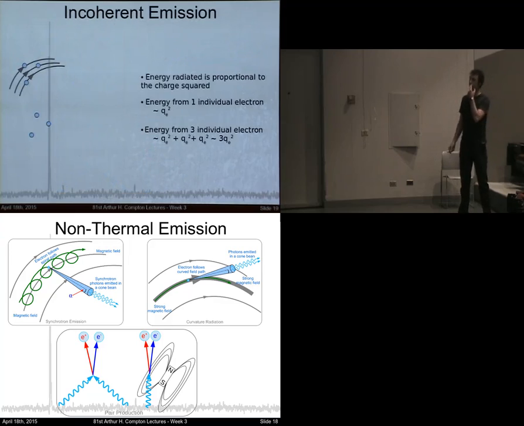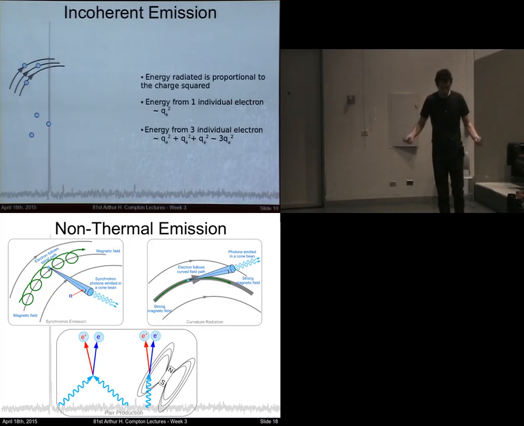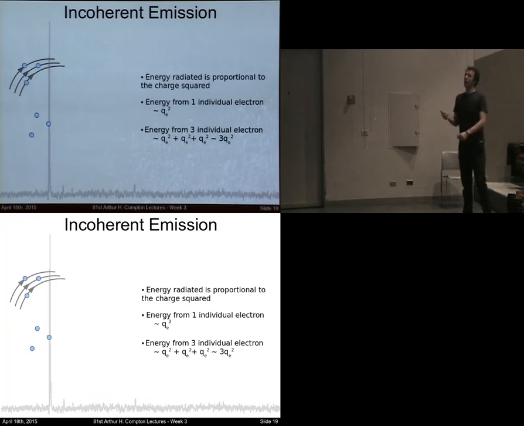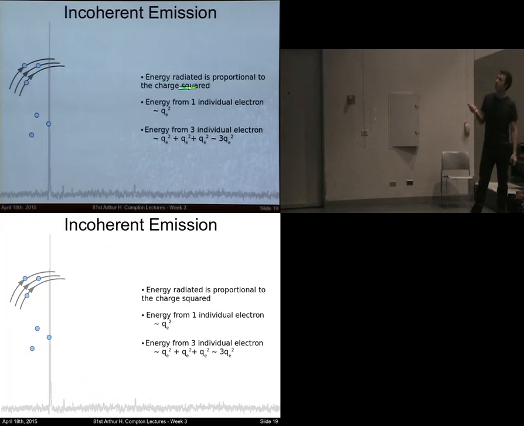All right. Now, I've just told you how it is that if you accelerate charges, they emit these photons through either synchrotron emission or curvature processes. And the energy that is radiated is proportional to the charge squared. So if you say the charge on the electron is QE, then the energy from one individual electron is proportional to QE squared.